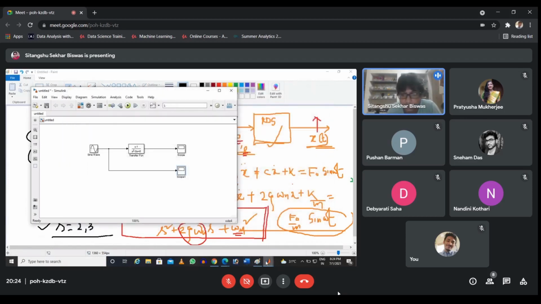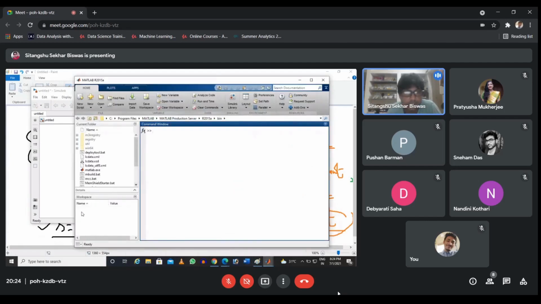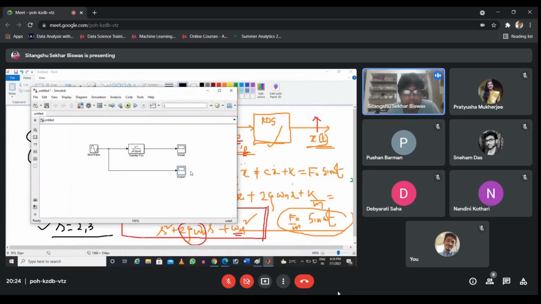Now you see in the MATLAB workspace, the workspace is empty. Now I will bring these two data, so this input data will be the excitation and the output will be the vibration in terms of displacement. So let us run it.